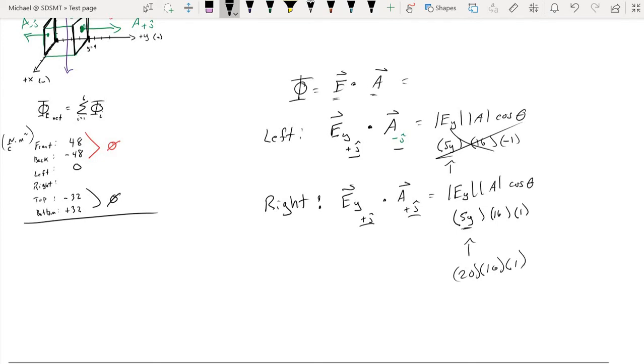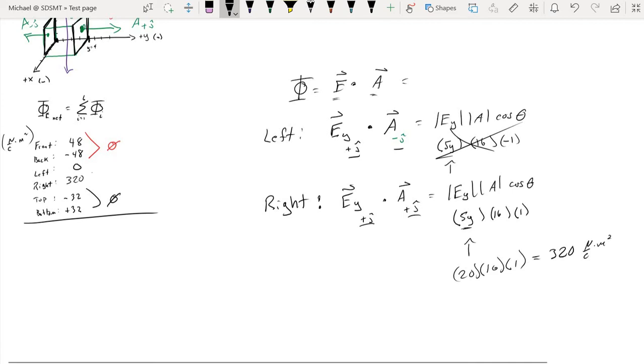And what is that going to be? I want to say like 360. I don't know if I'm doing the arithmetic in my head or not. I'll just grab my calculator quick. 20 times 16. I'm sorry. Did I say 360? I meant 320. Okay, 320 newtons per coulomb meters squared.